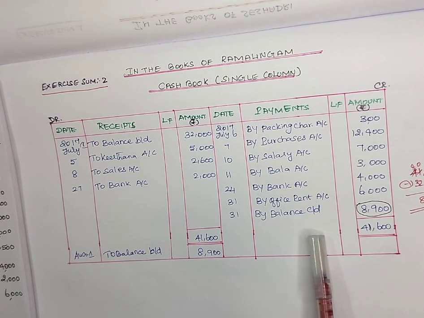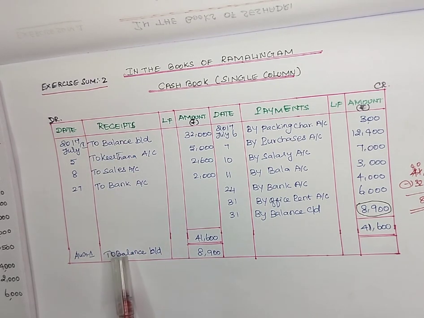Then the difference has to be brought down to the opposite side below the total. You have to enter that difference value, taken from the opposite side, below the total. Then balance brought down is entered in the receipt column against the difference, and in the date column the first day of the next accounting period is entered.